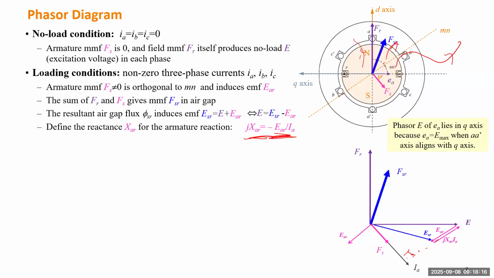But if there's some leakage flux, that leakage flux can be modeled by some inductance. We call it the leakage inductance, or in our circuit, a leakage reactance. And also the stator winding may have some resistance. So that will also cause some voltage drop. So which means finally, if we connect the generator to a system, we cannot get this voltage, because this is the inside voltage, like the inside voltage of a DC battery, right?